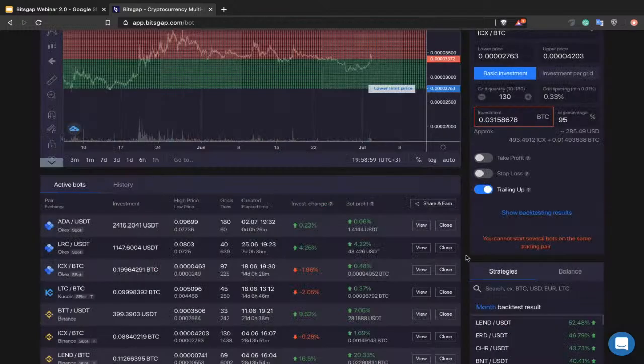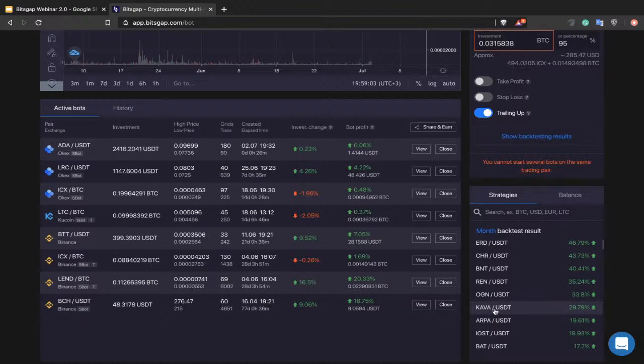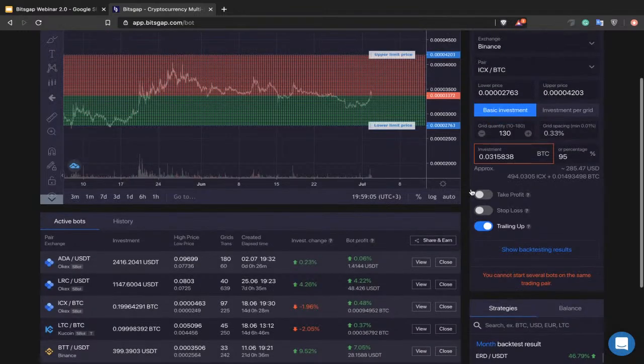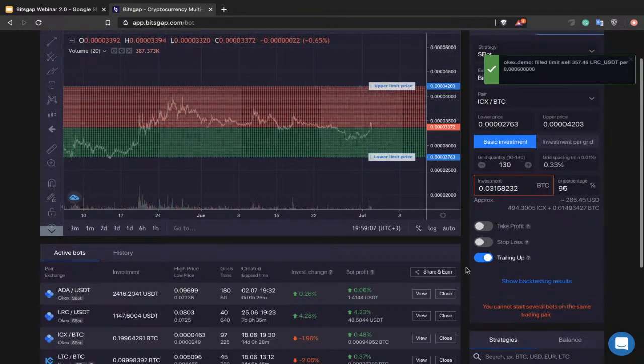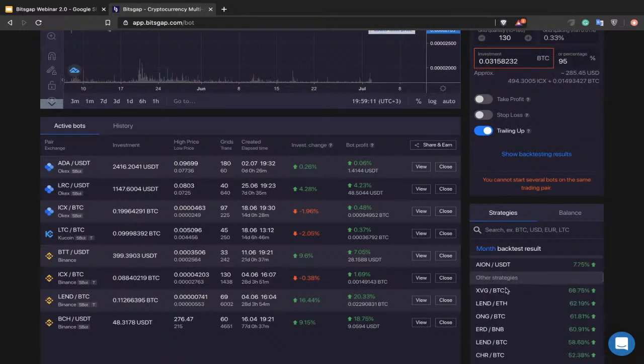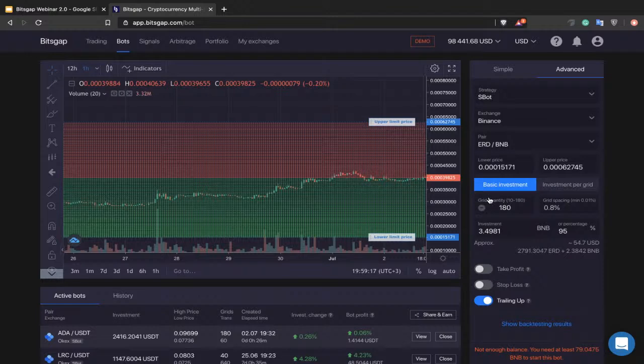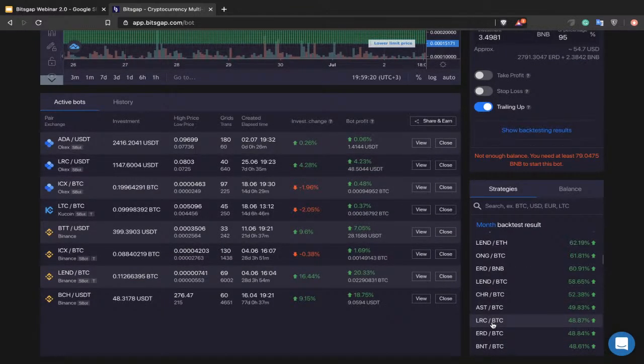And maybe we can compare this with other cryptocurrencies. Let's say, so we had ICX to BTC. Maybe it makes sense to compare it with other cryptocurrencies that are trading to BTC as well. Maybe BNB trading to BTC. So, sorry, that's BNB. Okay, let it be BNT trading to BTC.